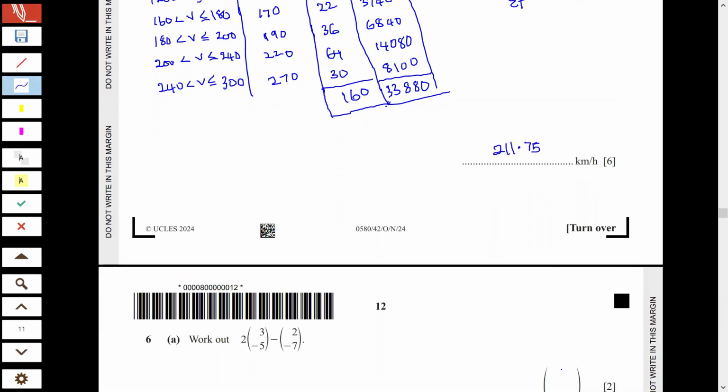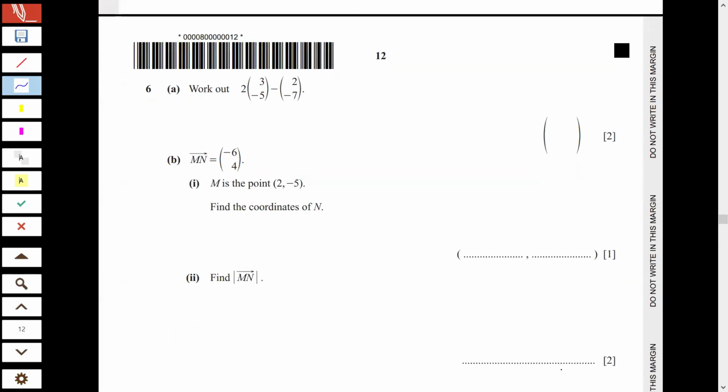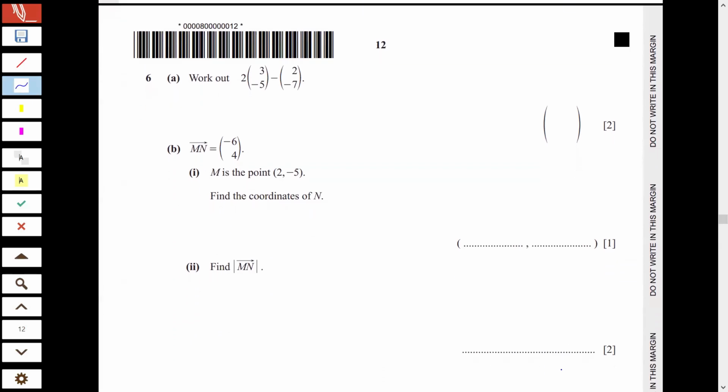So let's move on to the next question here. Question number 6, work out these column vectors. Now to work out the column vectors here, all you have to do is multiply the number outside. We have to rewrite this as 2 multiply 3, which is 6. 2 multiply -5 is what? -10.